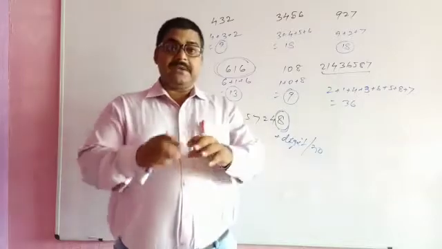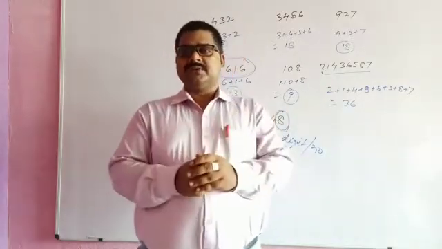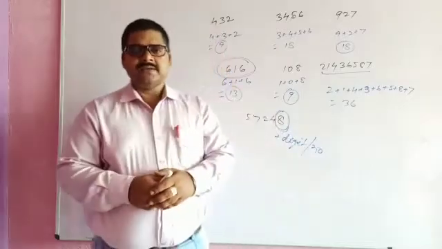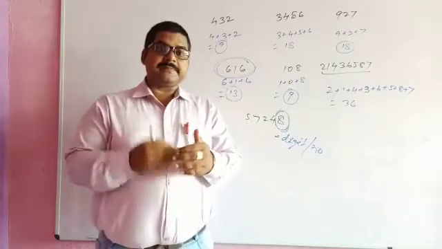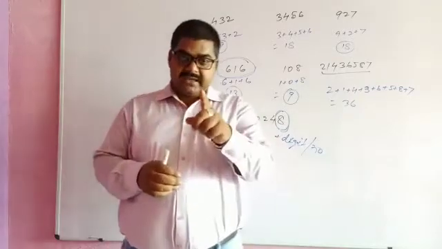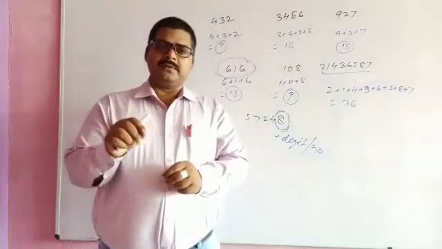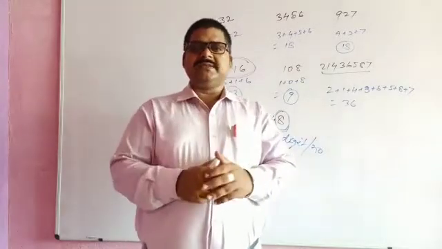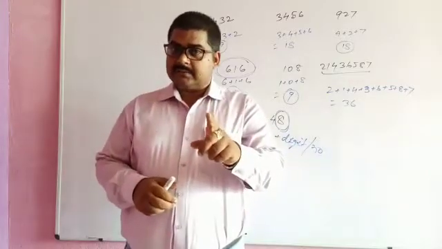Next, if the question asks for all possible values, then you know very well that 7 is another possibility, because 8 plus 7 is equal to 15, and the unit place of 15 is 5. So the only two possibilities are 2 or 7.